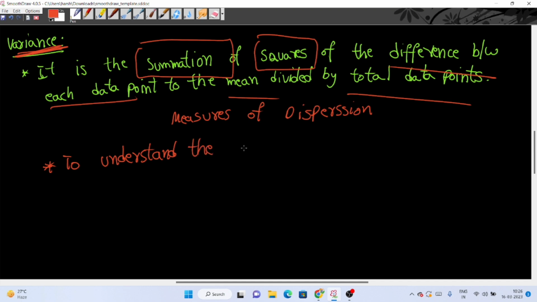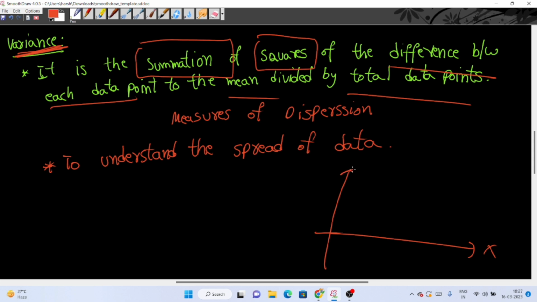spread of the data. So first of all, what is this spread of the data? For example, let us take a graph and think that this is the x-axis and this is our y-axis, and I want to plot some points. Maybe these are the points: first one, second one, third one, fourth one, fifth one, sixth one, seventh one, and then eighth one.